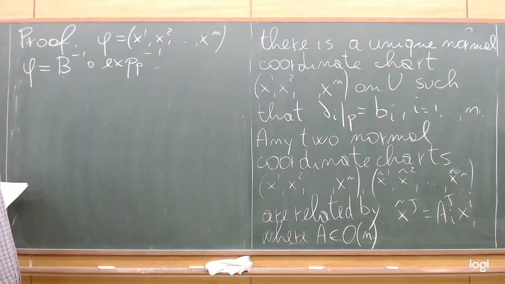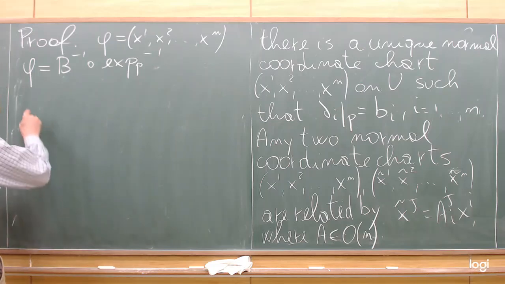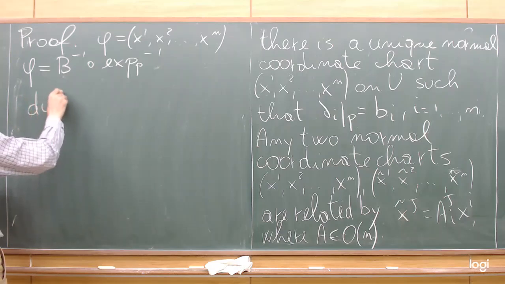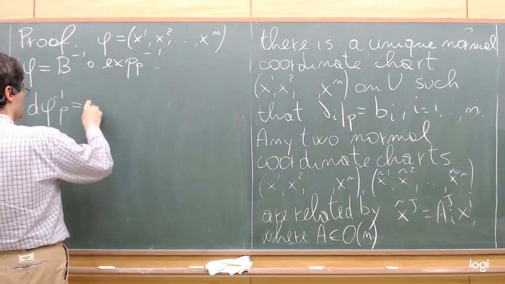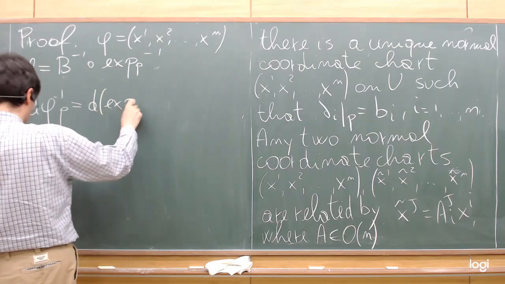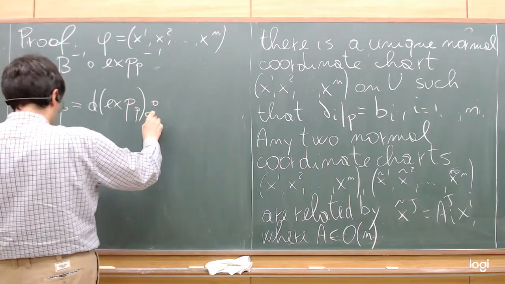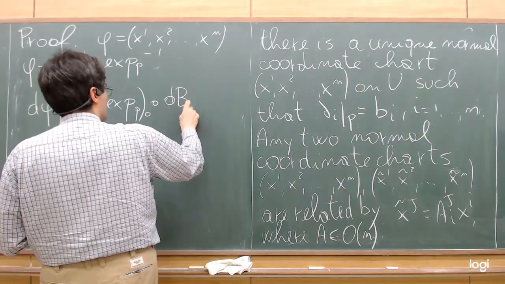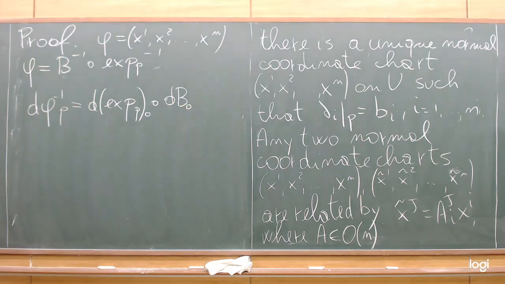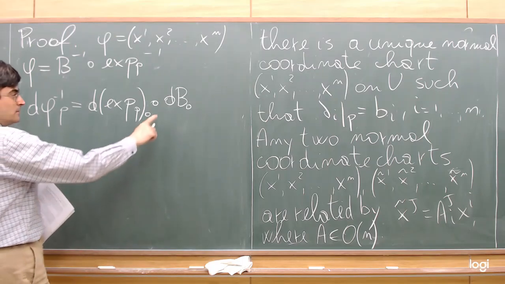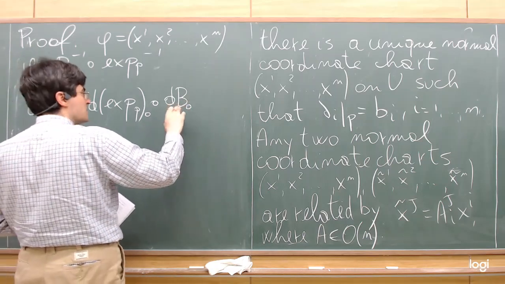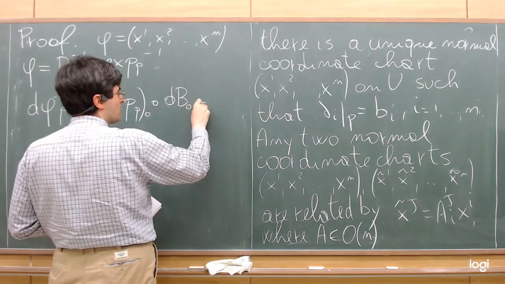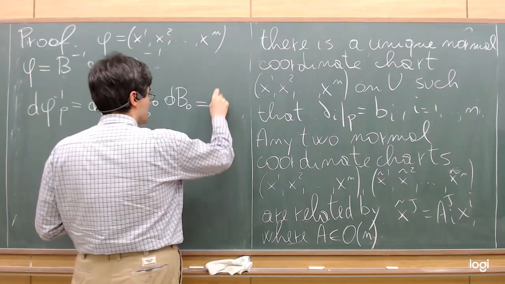Now let's make the following observation. What is the differential of the inverse of phi at P? This is the differential of the exponential map at 0 composed with the differential of B at 0, and this is linear. Sorry, since B is linear, this coincides with B, and this is the identity, so this is equal to B.